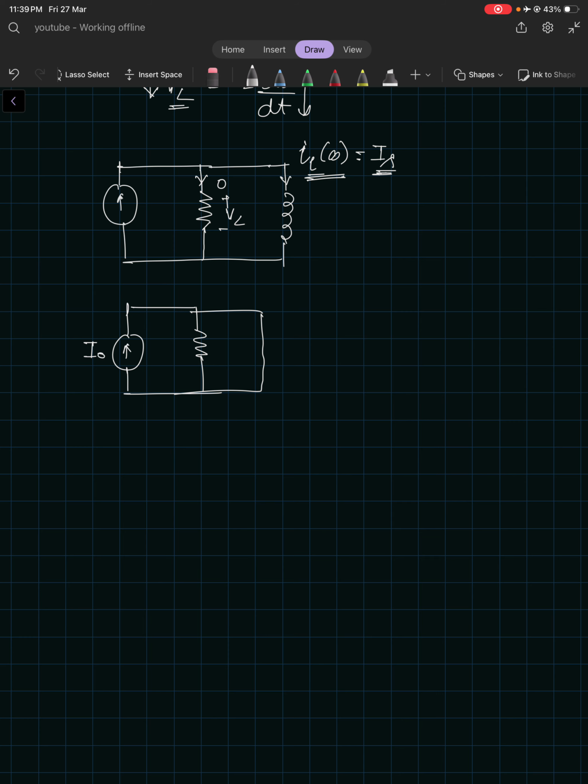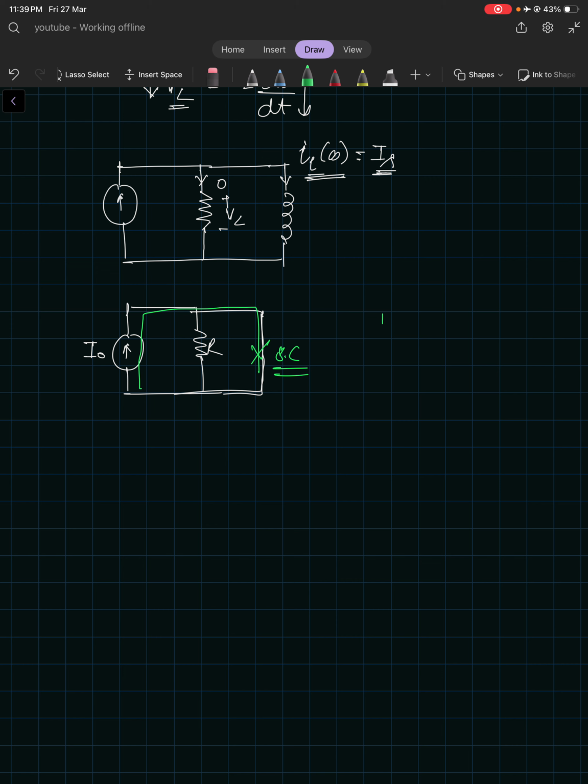Let's call the current I naught, and there is an R. If a short circuit path appears in parallel with this R, all the current will flow through that path, right? Because it is a short circuit path. The same thing is happening with this inductor.